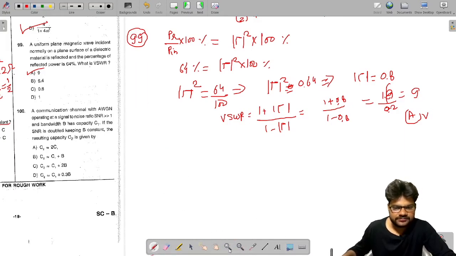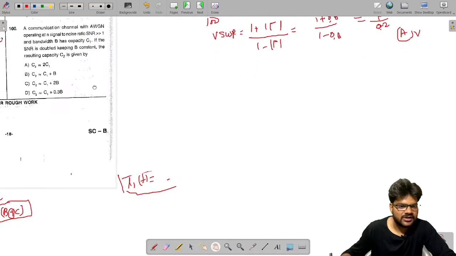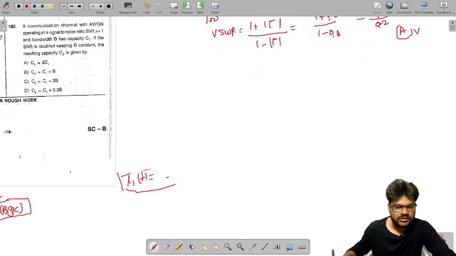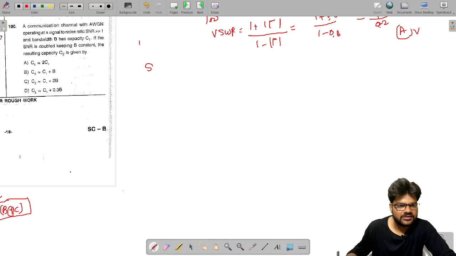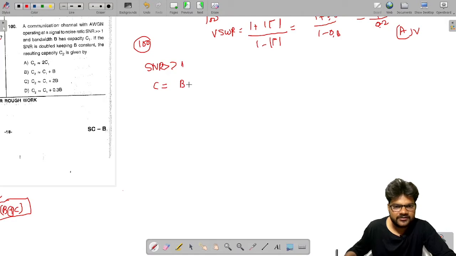So the question is a communication channel with AWGN operating at a signal to noise ratio SNR. So we are given, this is question number 100, SNR much greater than 1, and bandwidth B, and a channel capacity C. We know for AWGN the channel capacity formula is C equals to bandwidth B log 2 1 plus SNR.